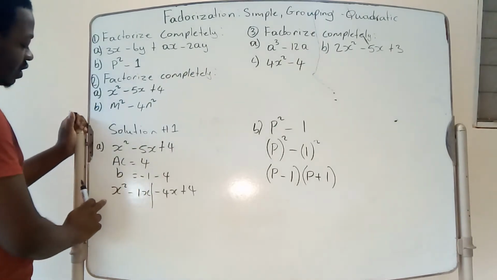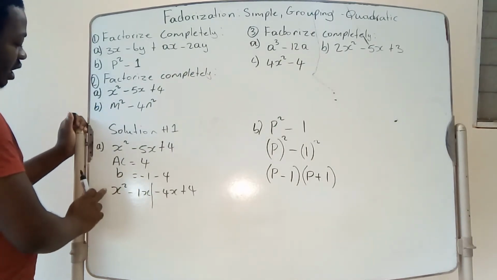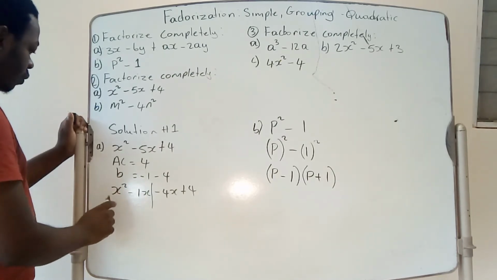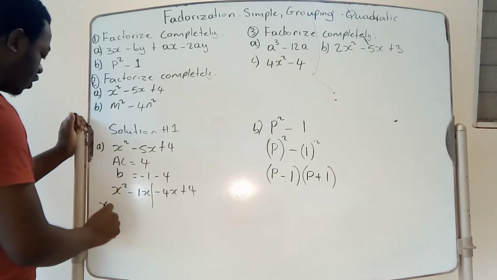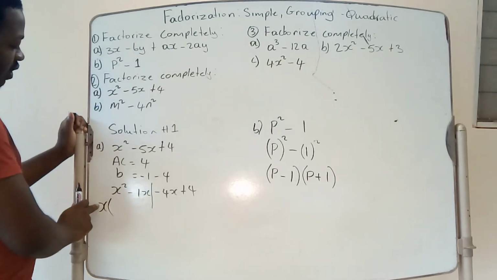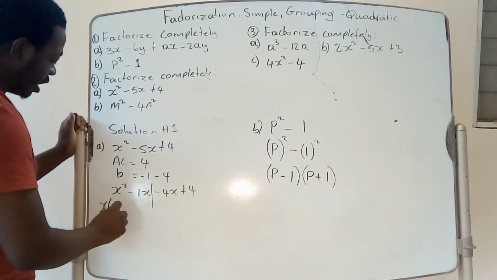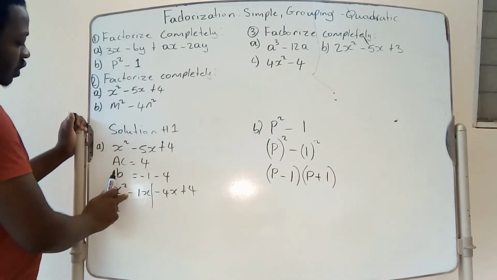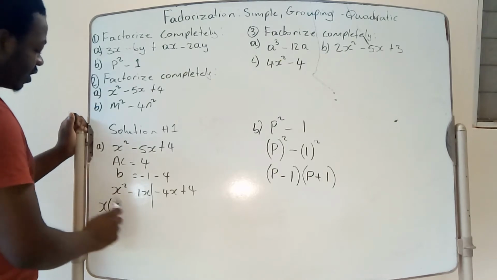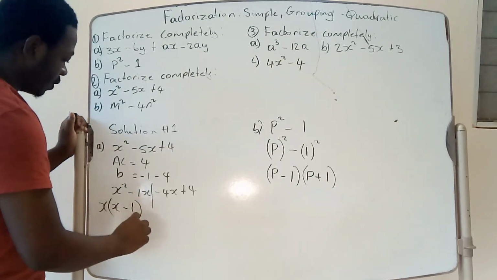So if we factorize the first 2 terms, which is x squared minus 1x, what is common between these 2 terms? We have an x, right? We can use this x to divide each term. So x squared divided by x leaves you with x, minus 1x divided by x leaves you with minus 1.